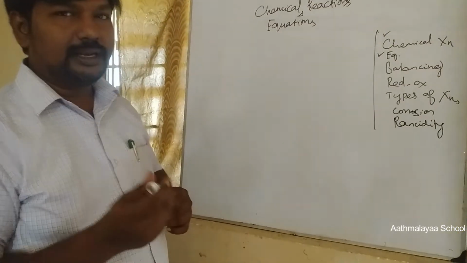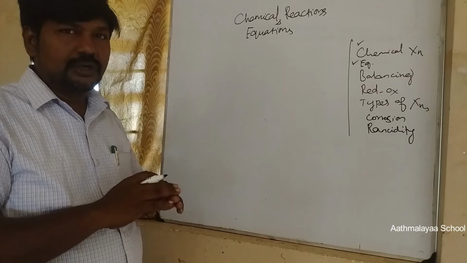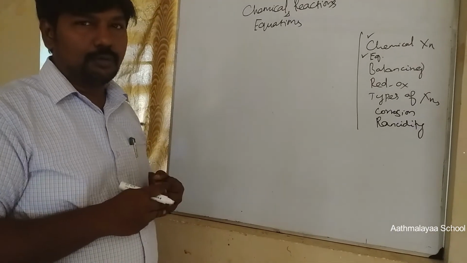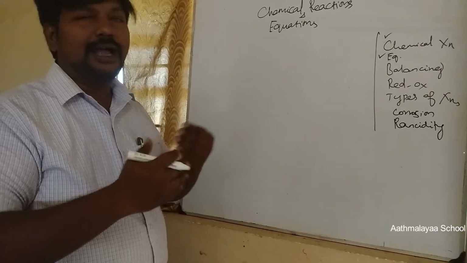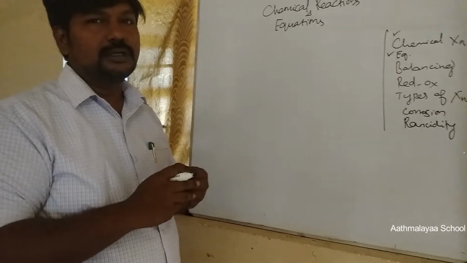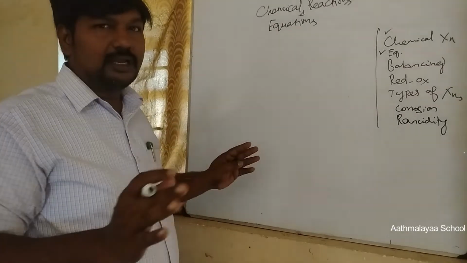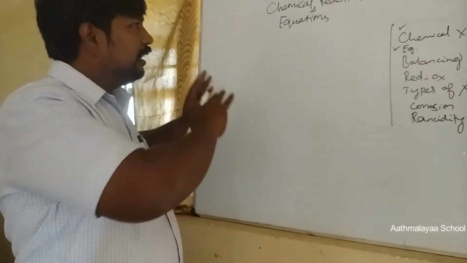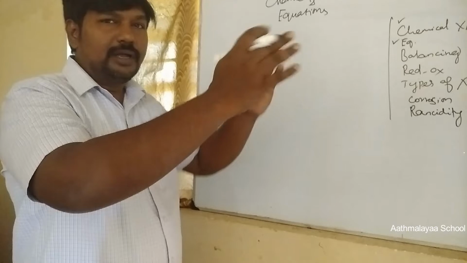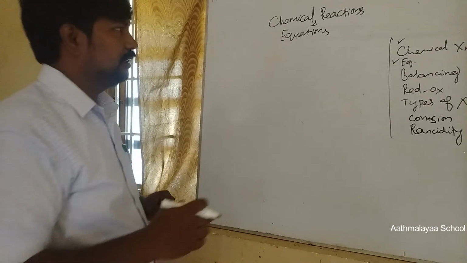So what is a chemical reaction? It's nothing but interaction of chemicals to form a new compound, or rearrangement of atoms or molecules to form a new arrangement. Several definitions can be given for chemical reactions. Simply, we can understand that interaction of chemicals to form a new compound is called a chemical reaction, right?